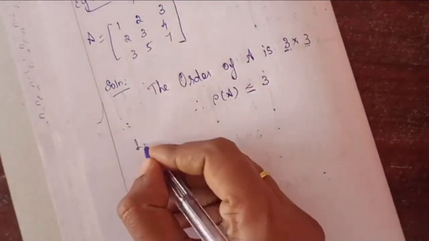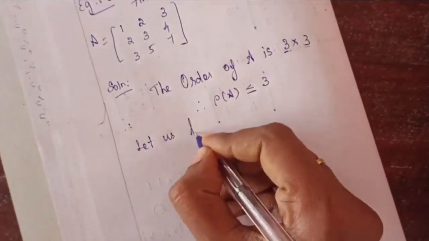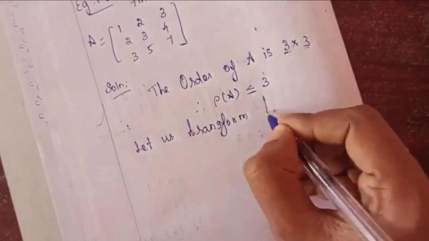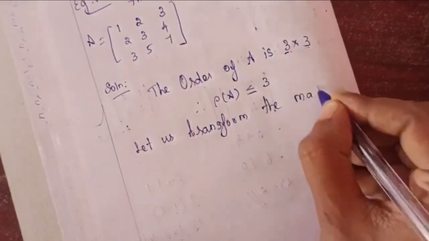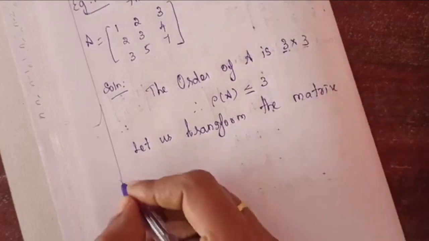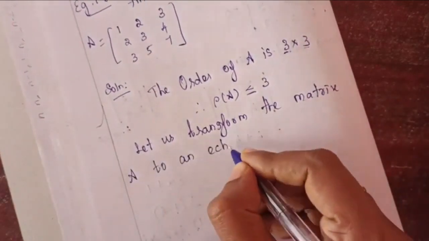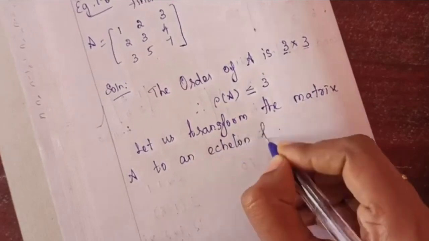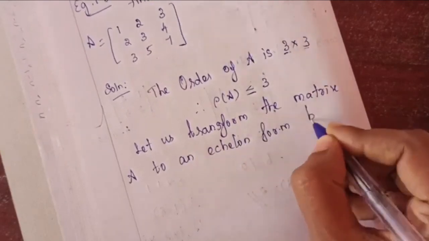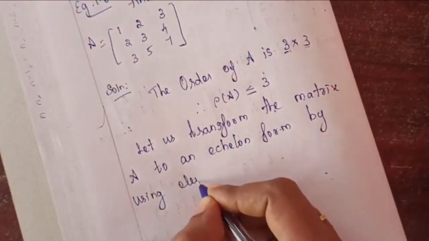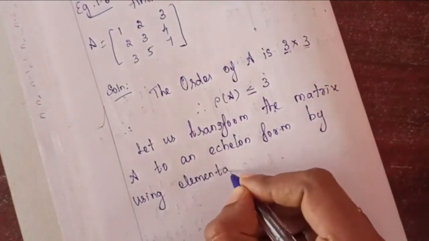So let us transform the matrix A to an echelon form by using elementary transformation.